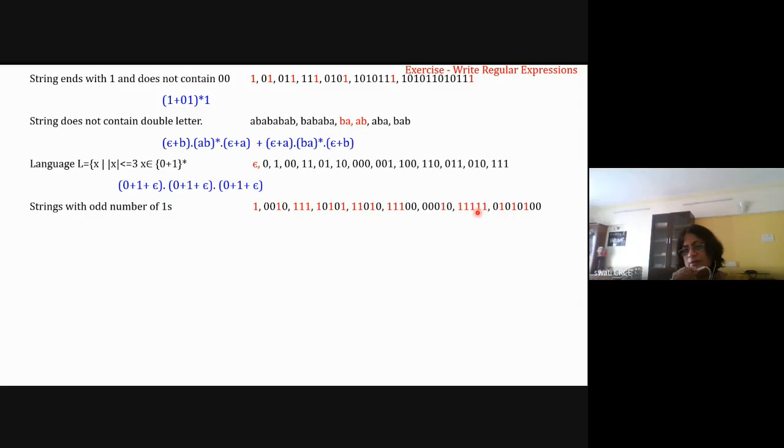Yes, Novia, partially correct. So it can be here. This will be the answer. Odd number of ones, so 1 is compulsory. That's why I'm writing it outside. And then 0 can be there in the beginning and afterwards. And then in the bracket, two 1s are there, and zeros in the beginning and after the 1.